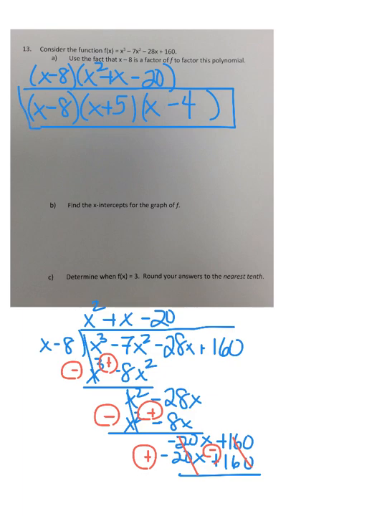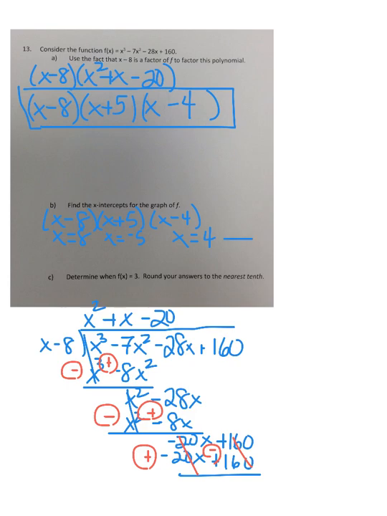All right, part B says find the x-intercepts for the graph of f. Well, if our factors are x minus 8, x plus 5, and x minus 4, that means that our zeros are x equals 8, x equals negative 5, and x equals 4, correct?